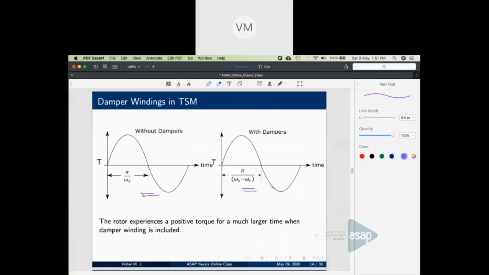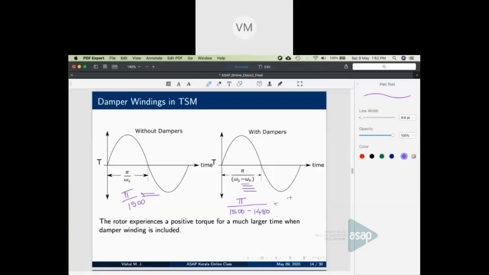Still the average torque becomes 0, but see this time. Here it was pi by 1500, the time for which it was experiencing a positive torque. Here what will be the case? Synchronous speed is 1500, and since it works as an induction machine now, the damper winding is doing that. It may reach a speed close to that, let's say 1480 rpm.